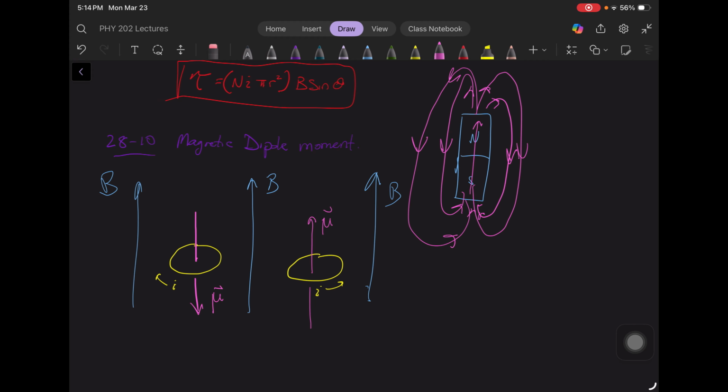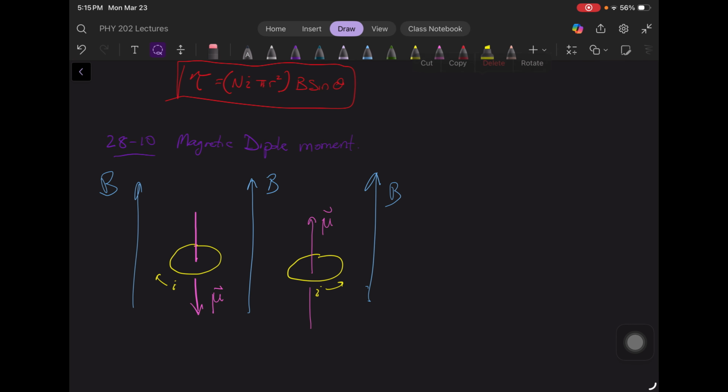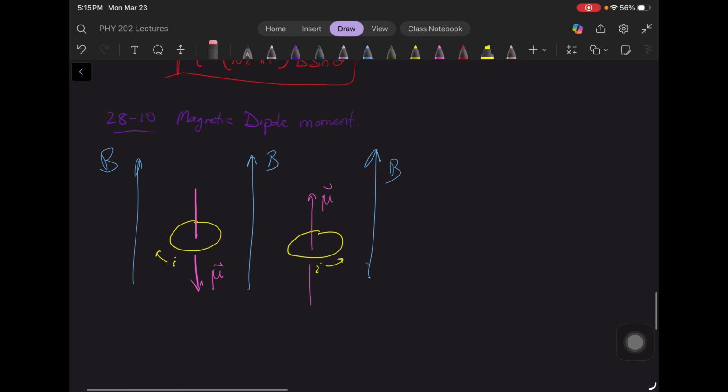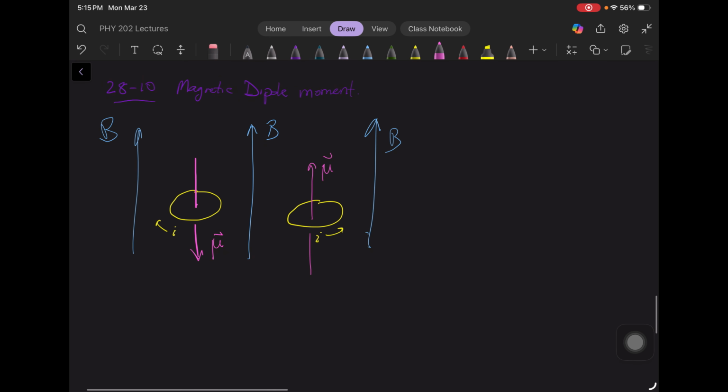Right, and so we get that the magnetic field goes through the magnet, right? Like that was on the side.